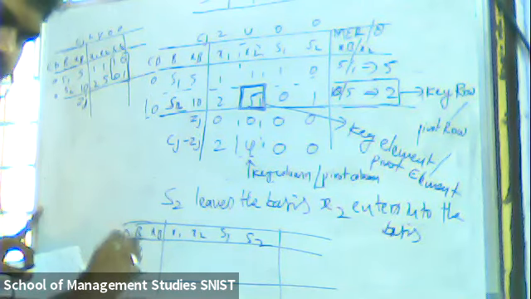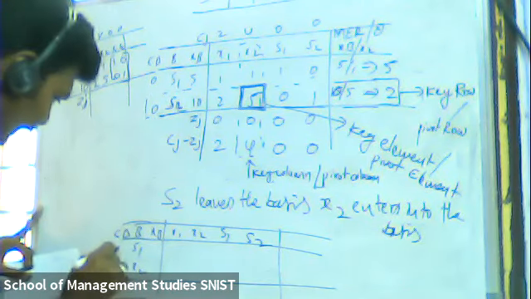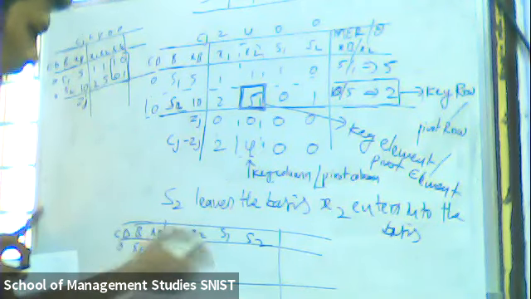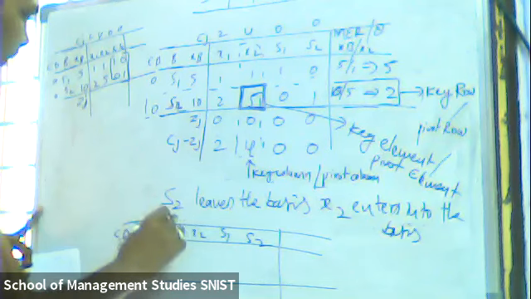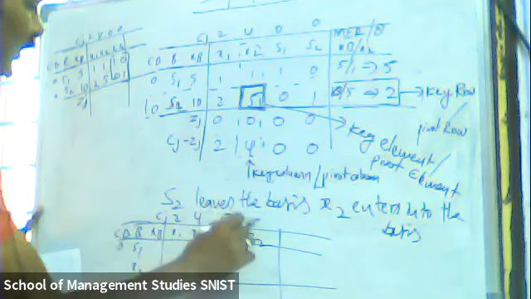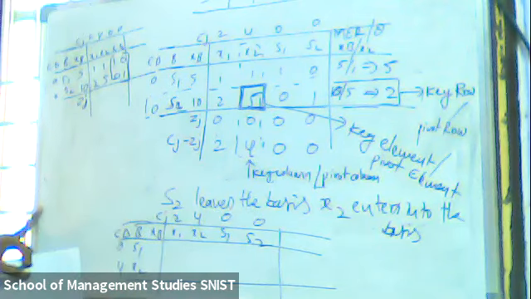So I'm writing CB value as 0, and the X2 value in the objective function, which is CJ 2, 4, 0 and 0, this becomes 4.